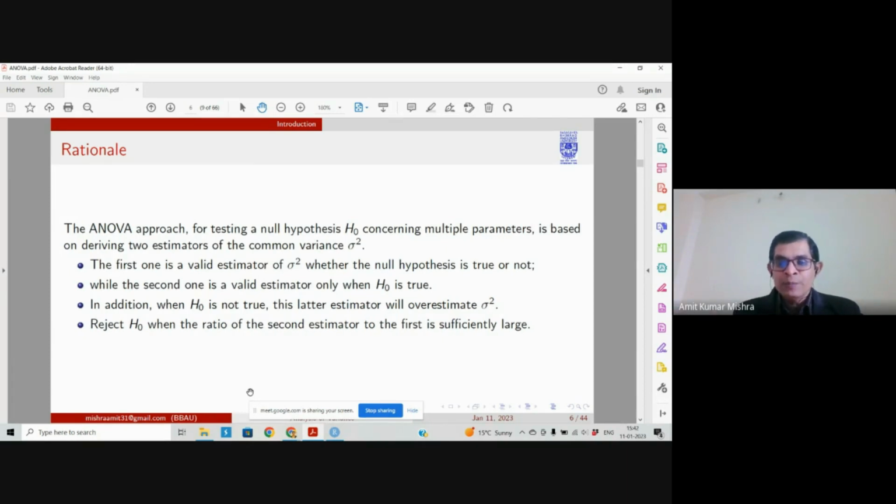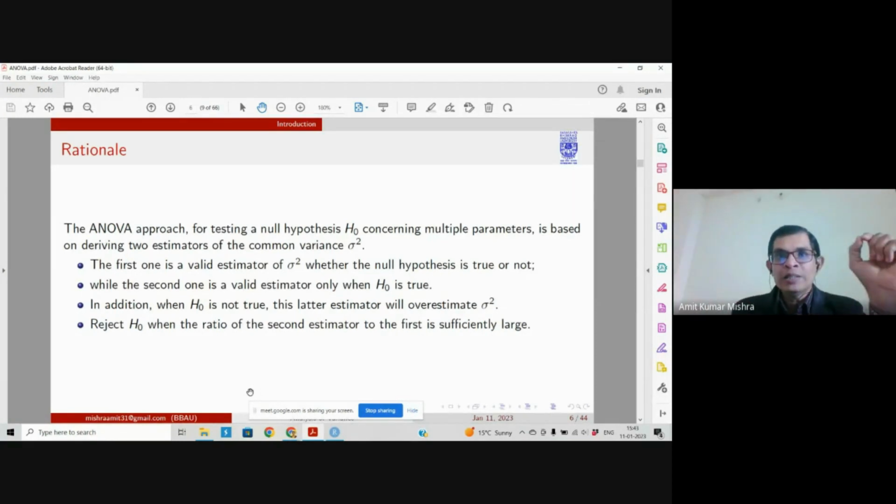In addition, when H naught is not true, the latter estimator will overestimate sigma square. So now you can easily understand we have 2 things. One estimator will always work. The second estimator will work well if your null hypothesis is true, and if it is not true, it will overestimate.